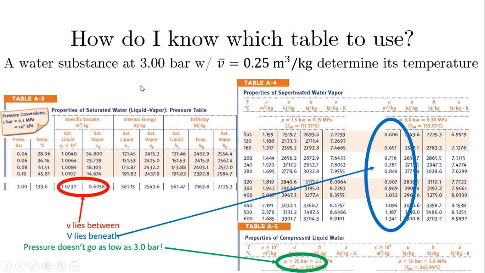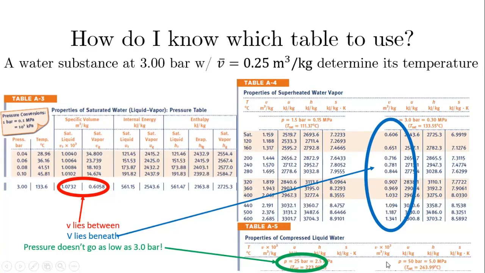Let me show you. So I know that the pressure is 3 bar. Okay, so I have the saturated water, which is that dome. I have the vapor, which is to the right of the dome, and I have the liquid, which is to the left of the dome. So right away, if I go to the liquid, the lowest pressure for that table for water is 25, and we're at 3.